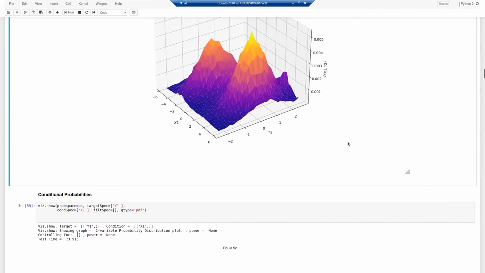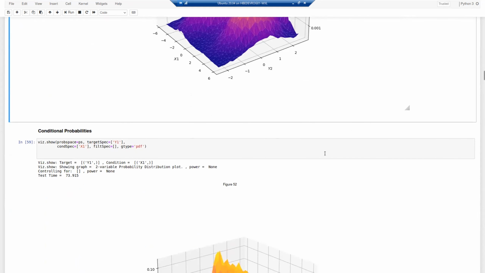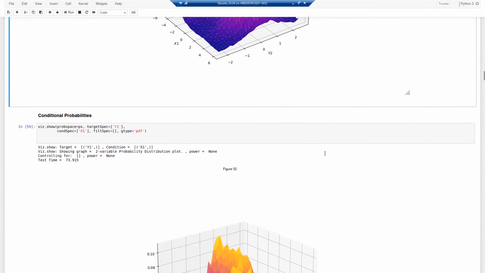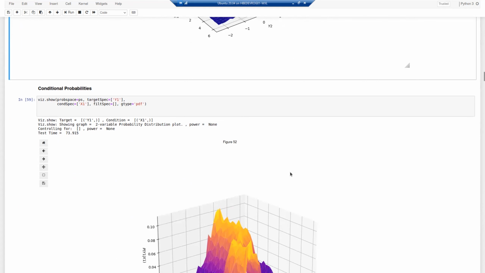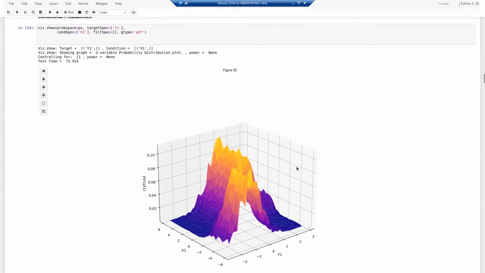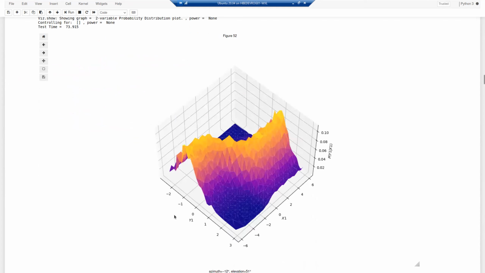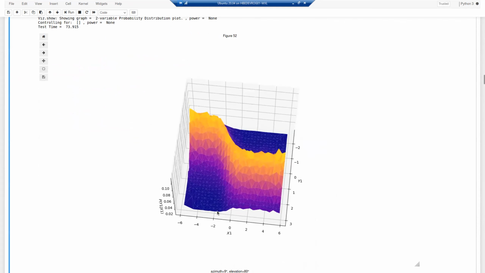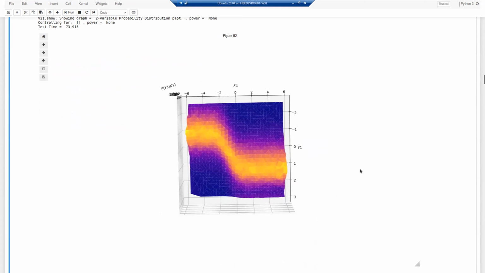you what's going on. Now we're going to look at conditional probabilities. And in this case, we're looking at the probability of y1 given x1. And recall that y1 is a function of x1. So from this angle, the graph doesn't look like much. But when we look at it from the top, it reveals the shape of a hyperbolic tangent.